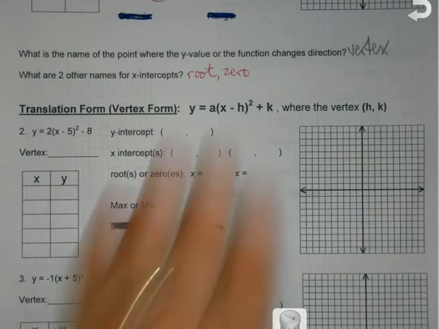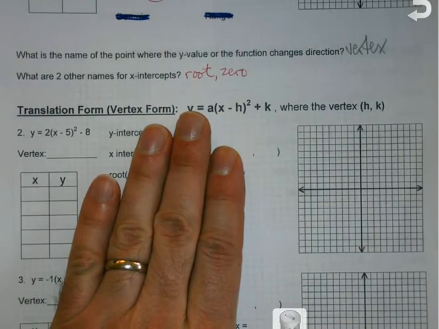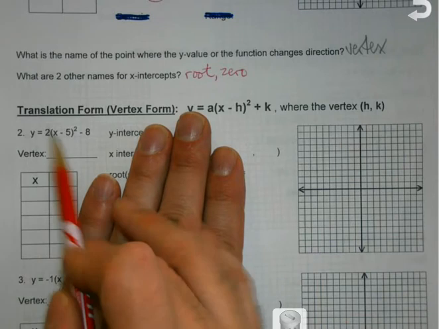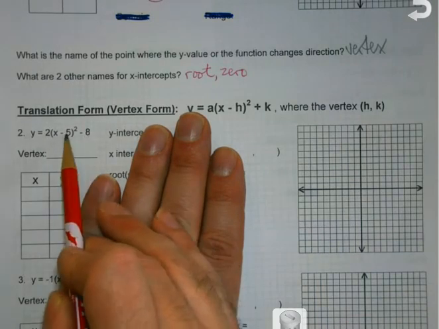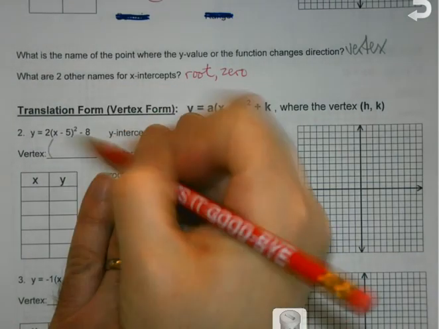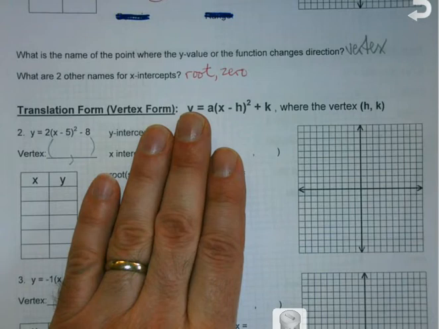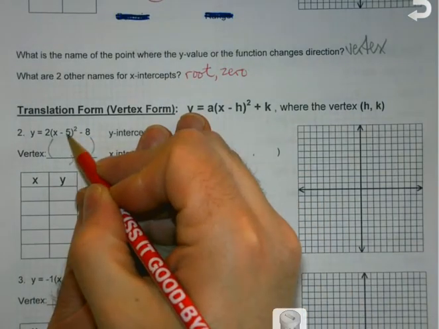Like for instance, before I worry about all this other junk, because this is kind of review for us. What's my vertex going to be? Because this is in vertex form. Remember? When we're looking in vertex form, it's the opposite of what you see in the parentheses.